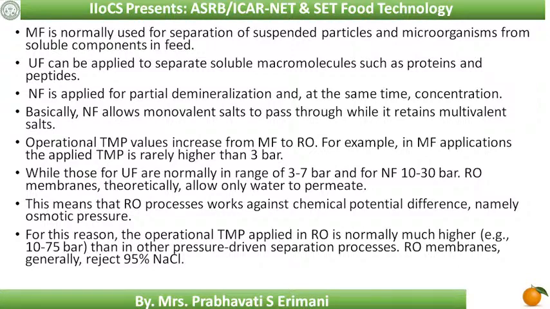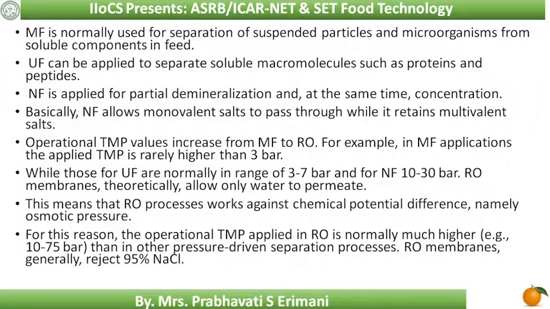So in microfiltration the transmembrane pressure is rarely higher than 3 bar, while ultrafiltration normally ranges from 3 to 7 bar, nanofiltration 10 to 30 bar. The reverse osmosis membrane theoretically allows only water to permeate. So this means the RO process works against the chemical potential difference, namely osmotic pressure.